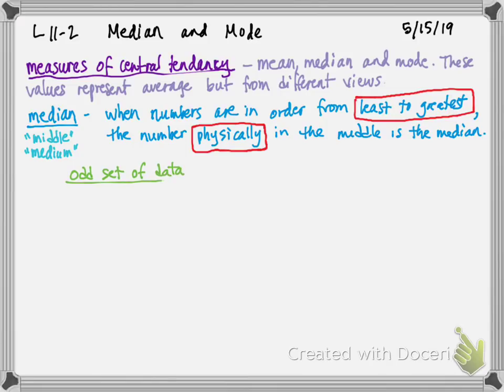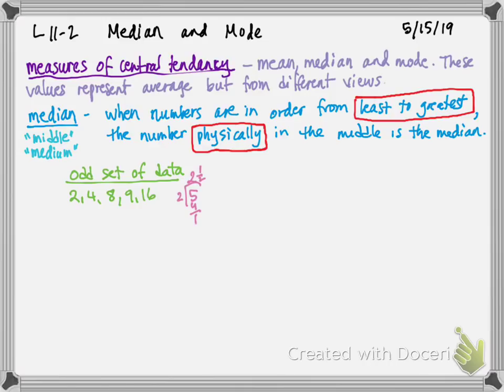So for example, 2, 4, 8, 9, 16, and we're going to look for the number that's physically in the middle. So I'm going to share with you one way that I do this. What I do is I take how many numbers there are, and I want to find the halfway point. So I divide 2 into that, and I get 2 goes in 4 times with 1 left over, so I get 2.5.